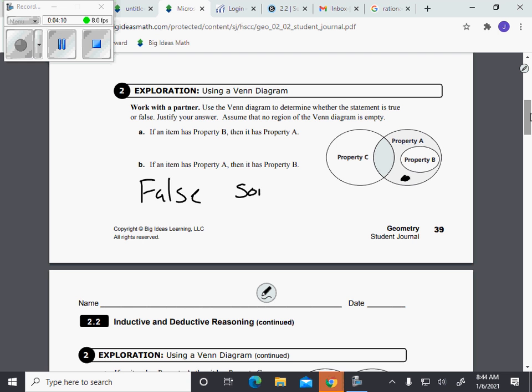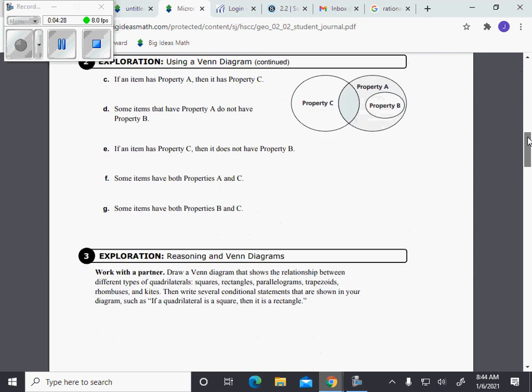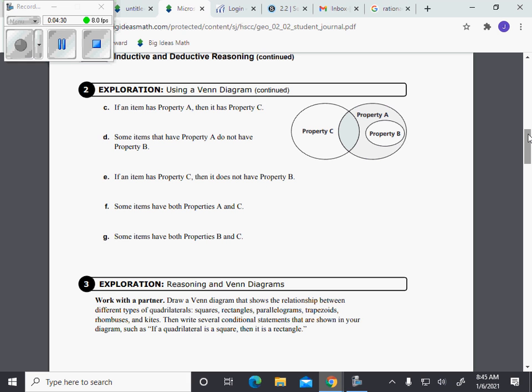So some property A is not in B. Scrolling down here. Okay, same thing. If an item has property A, then it has property C. Is that true or false? That's false, right? False. Why? Because look at all this property over here. That's not in A. Okay?